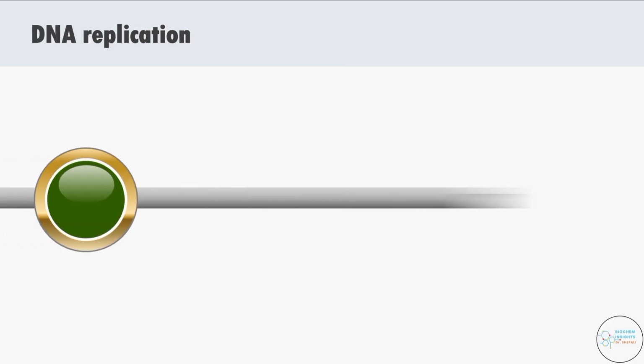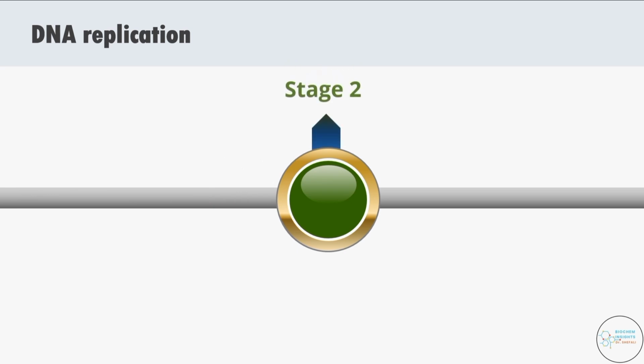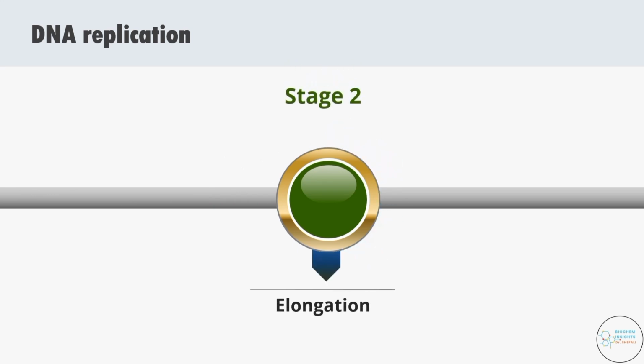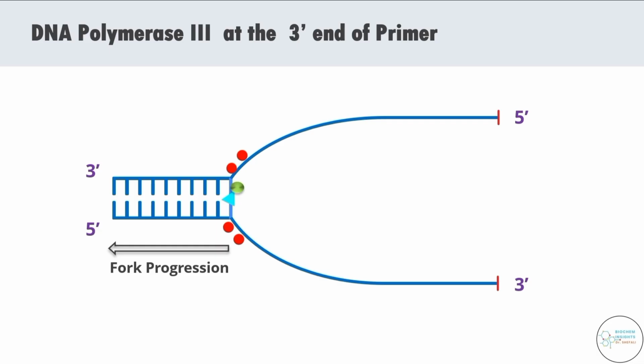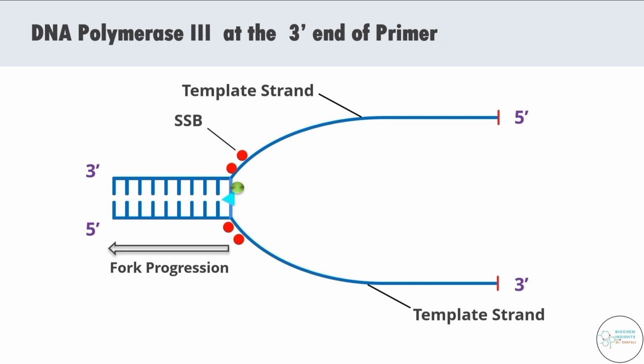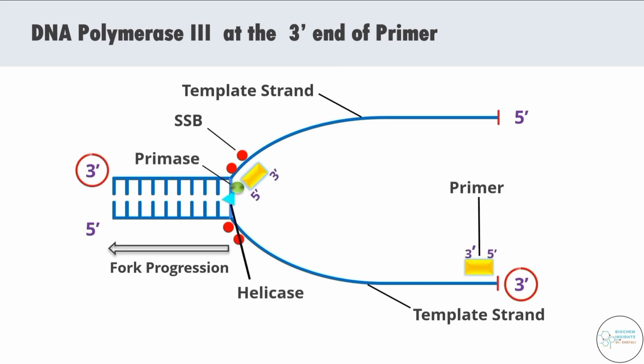So the next stage is elongation, where DNA polymerase 3 actually synthesizes DNA. So here we have one half of the replication bubble and replication fork. The two separated DNA strands acting as template, single-stranded binding proteins keeping the two strands apart, helicase and primase, and primer at 3' end of both the strands.